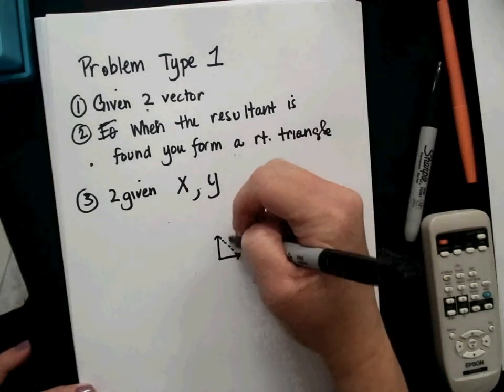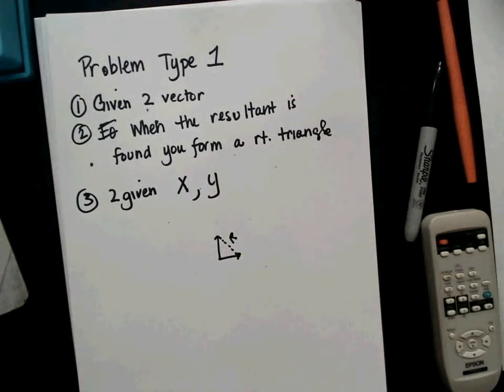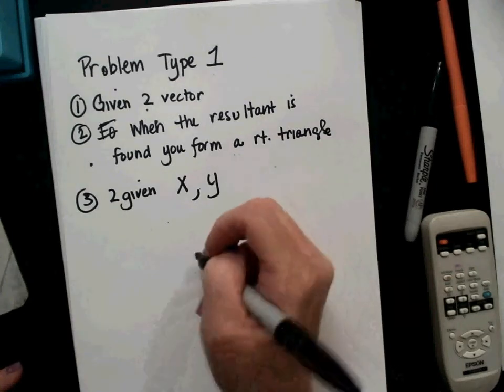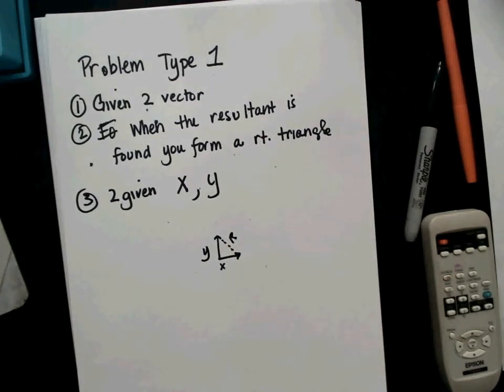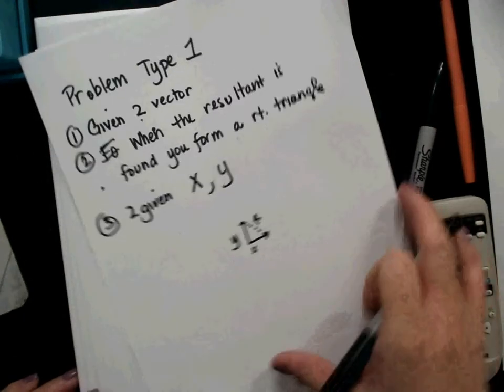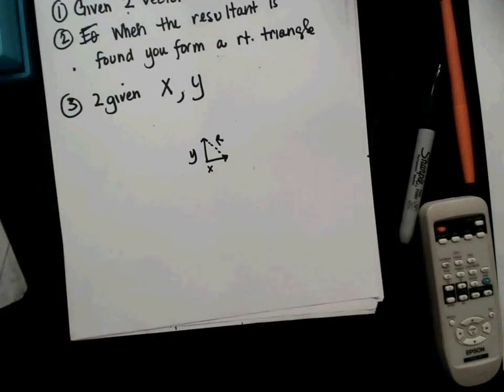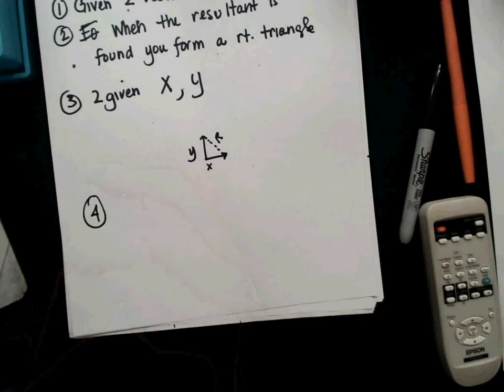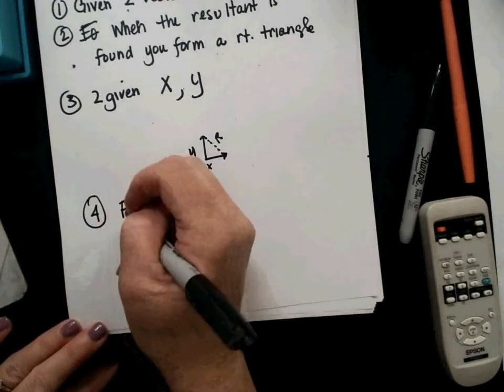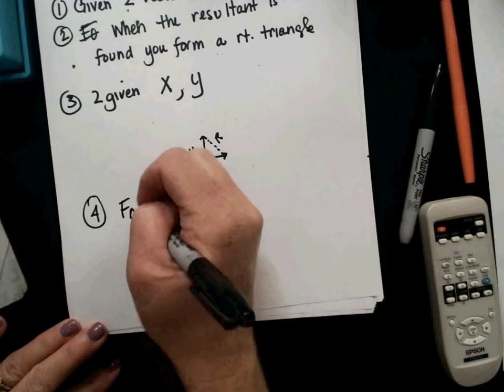The third leg is your resultant. Obviously, this is your x component, this is your y component. Do I need to make that bigger? Can you see it? These are easy.